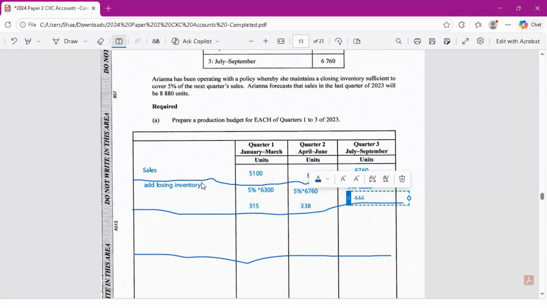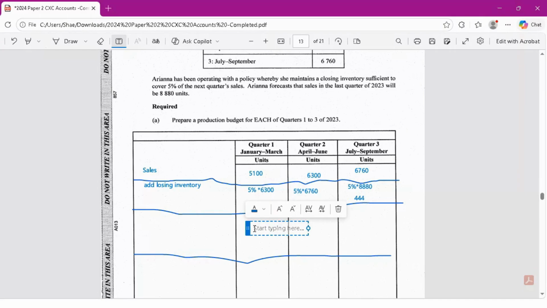All right, so if you want, you can total what is going so far. So you can add the 5,100 to the 315. I'm going to do that for those persons who might have it harder to follow.